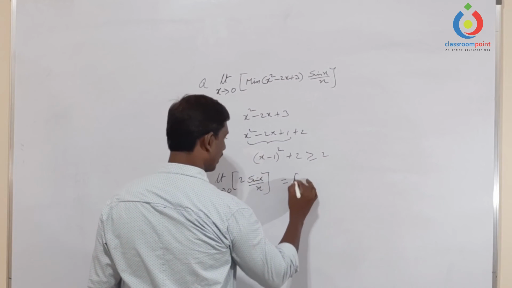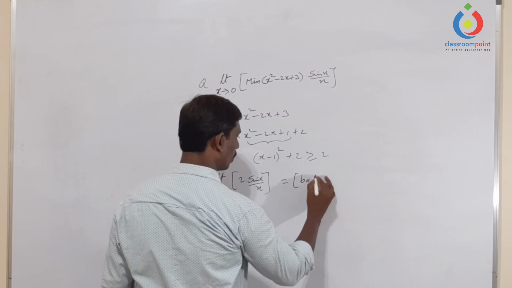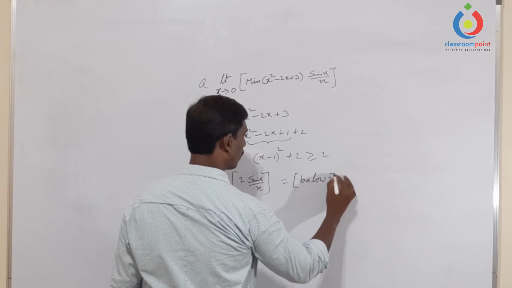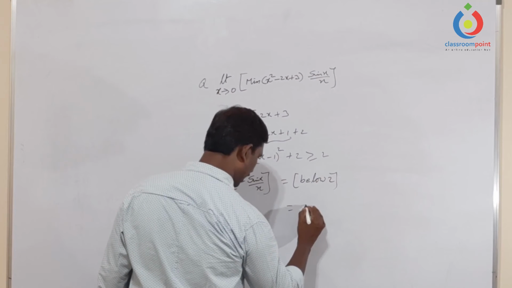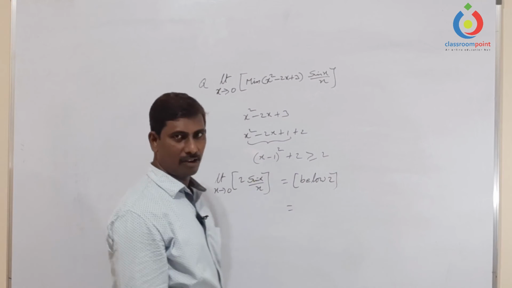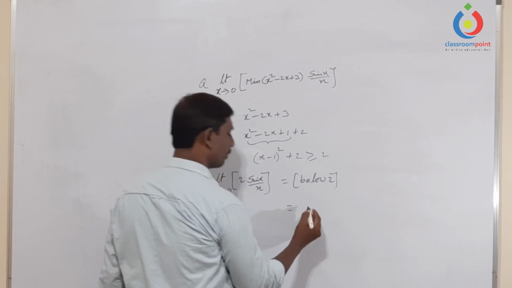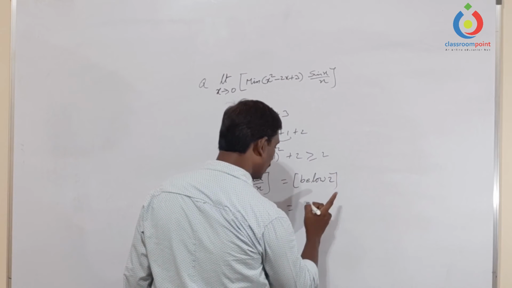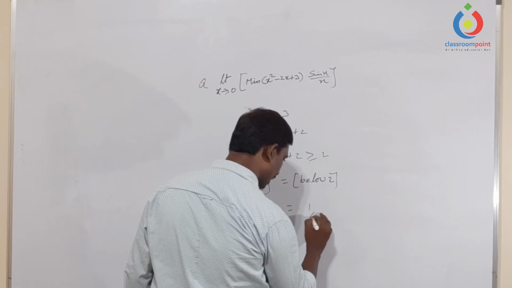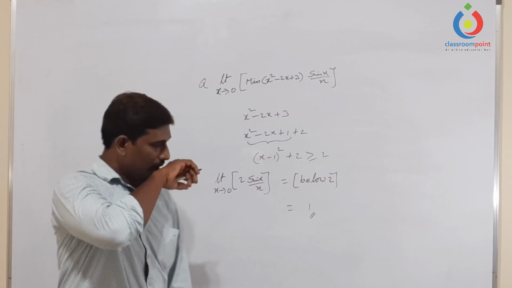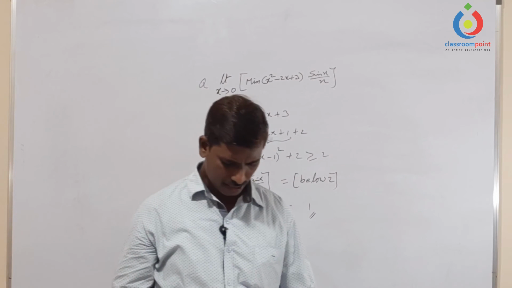That means integral part of below 2. Below 2 means automatically 1 point something, so its value is 1.